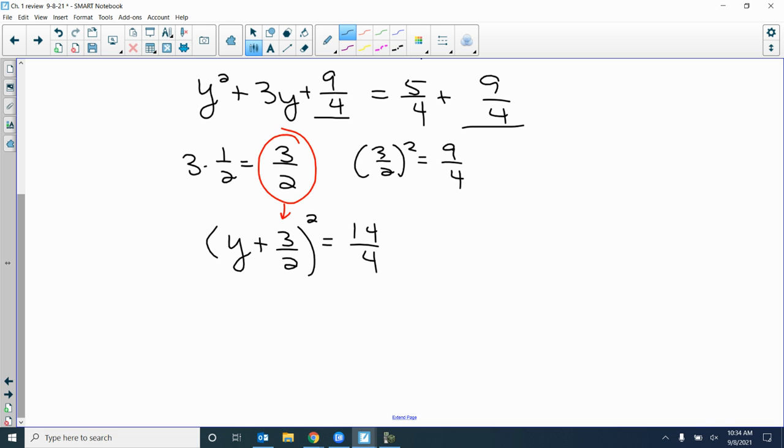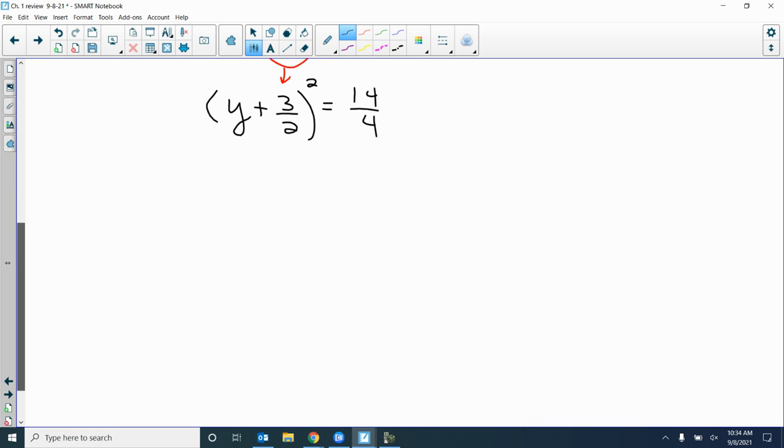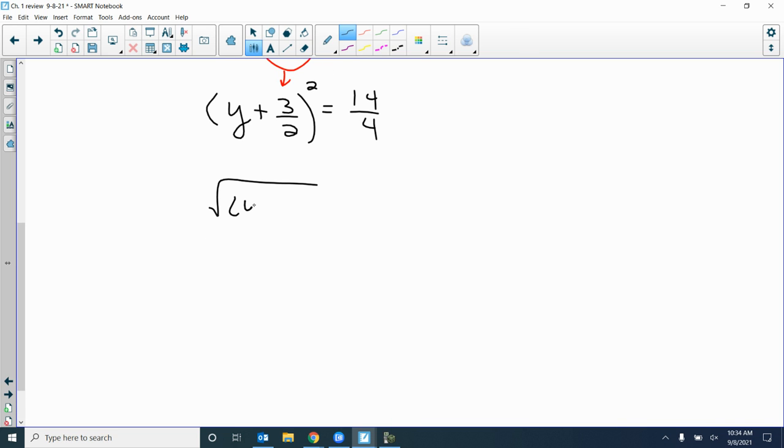Now what do we do? We take the square root of both sides. Okay. So I got the square root of y plus 3 halves quantity squared equals plus or minus the square root of 14/4. So you just get y plus 3 halves equals. Now treat this as 2 separate problems. Like take the square root of the top and take the square root of the bottom. Well, we don't know the square root of 14. But we do know the square root of 4, which is 2. So your denominator is going to be a 2.